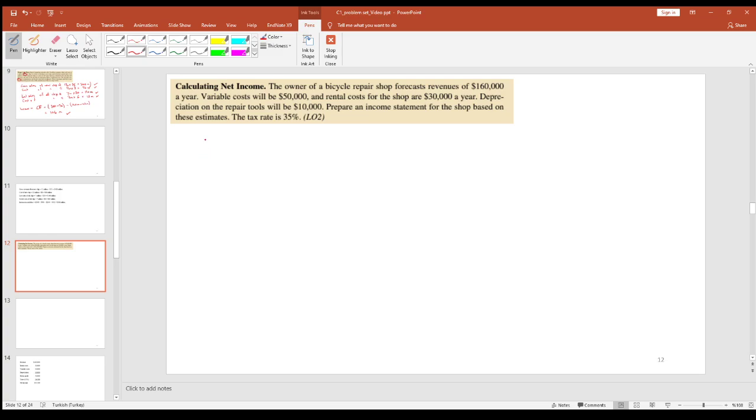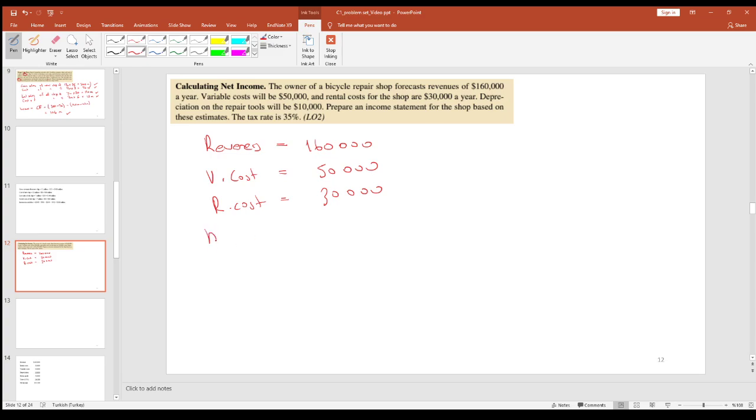So let's start. Revenue will be equal to 160,000. Your variable cost will be 50,000. Rental cost, which is a fixed cost, 30,000.